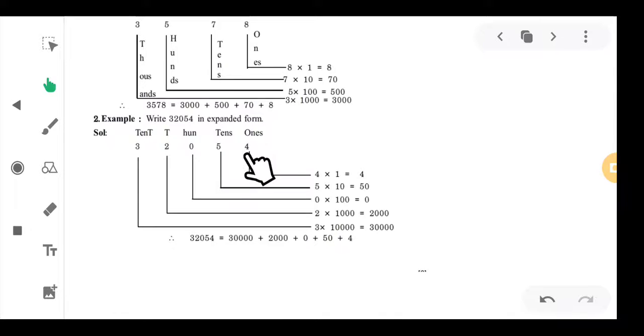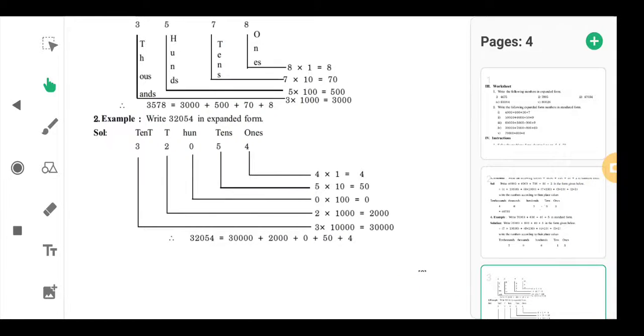In ones place 4, in tens place 5, in hundreds place 0, in thousands place 2, in 10,000s place 3. So place values are 4, 50, 0, 2000, 30,000. So we will write 30,000 plus 2000 plus 0 plus 50 plus 4. Like this we have to write in expand form.